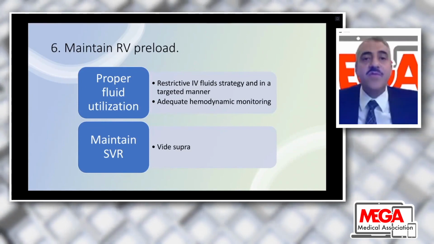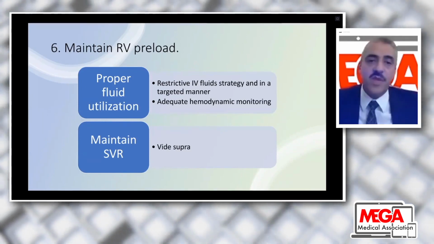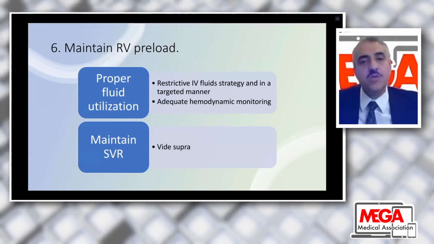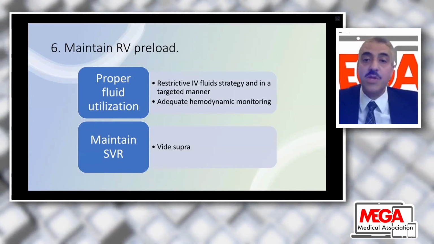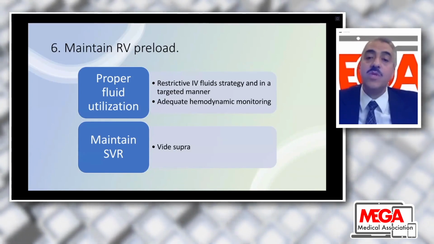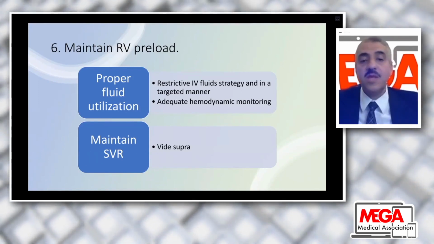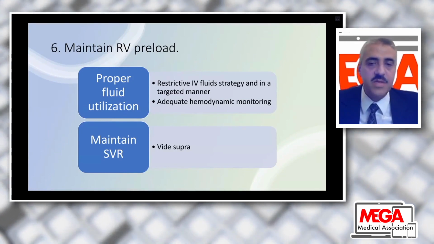We need to maintain the right ventricular preload by giving proper fluid utilization, and this is very crucial for this patient. We need to use a restrictive strategy in giving fluid to this patient in a targeted manner under adequate hemodynamic monitoring. And in the same way also to maintain the systemic vascular resistance as we said in the previous slide.